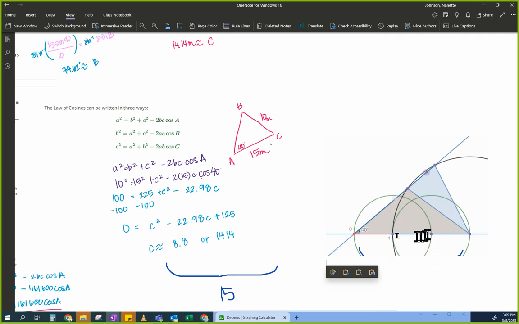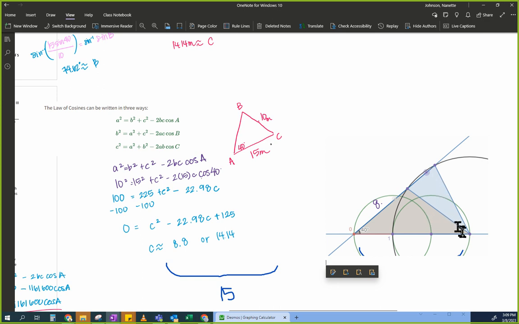The orange one and then the blue one, right? One of these lengths is why we got 8.8. So this is the 8.8 segment here. And this bigger segment here is our 14.4. Oh, sorry, 14.14.